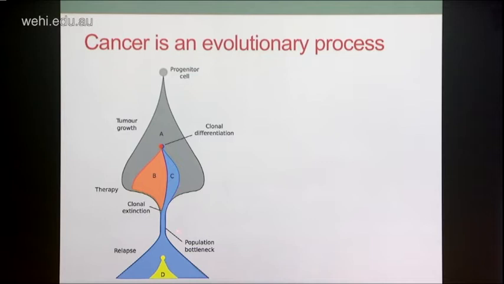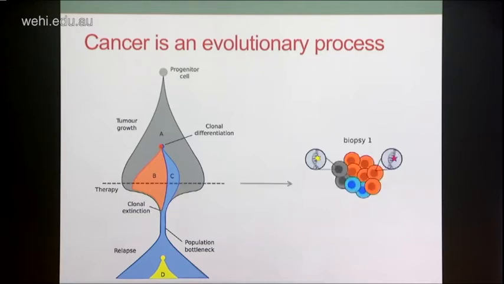So it goes through this population bottleneck, and then you've got this relapse occurring here where the mutations allow it to become resistant and then allow it to resume its unrestrained growth. And then you've got this clone D that arises as an ancestor from clone C.